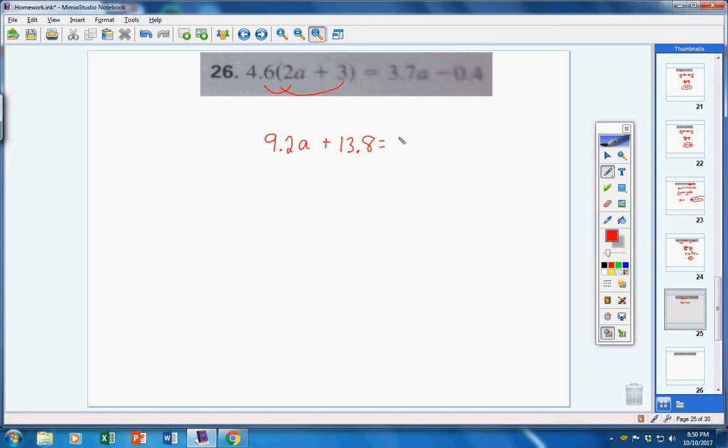Okay? Over here, there's no simplifying we can do. We have an a term and a constant term. So next, eliminate fractions. Next, variable terms on one side and constant terms on the other side.